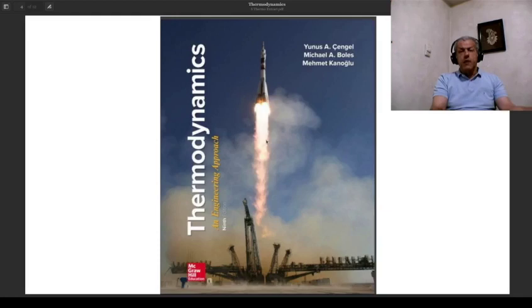The other book that I introduce is the one by Yunus Cengel and his friends. This is a very detailed book, with many good examples, many good pictures and figures, and also very applied, excellent problems to solve with solutions. And this is a very detailed treatise on thermodynamics.